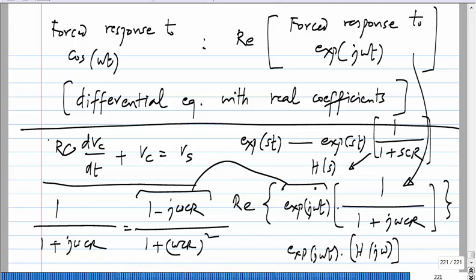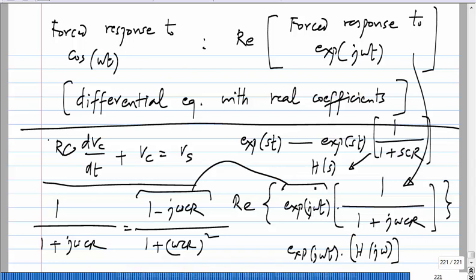Is there an even easier way of representing the complex transfer function slightly differently? What are the different representations of a complex number that you know? Polar form.